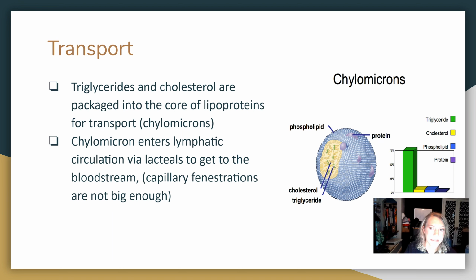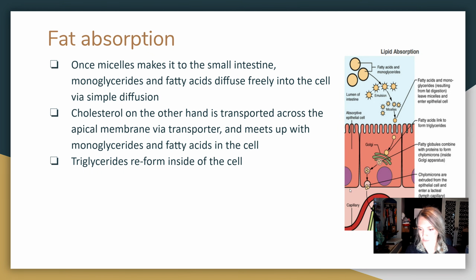The problem is that these chylomicrons are way too large to get into the bloodstream through capillaries. So in the last slide, at the bottom here, you can see this red tube is called a capillary, and then this green thing is called a lacteal.